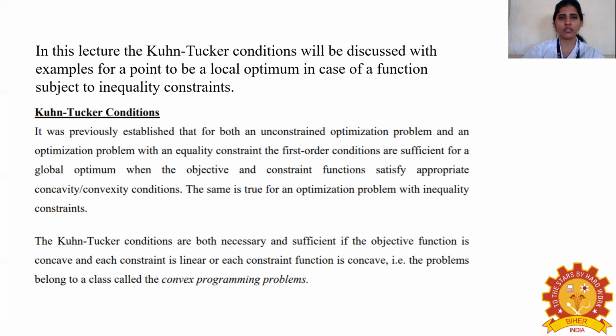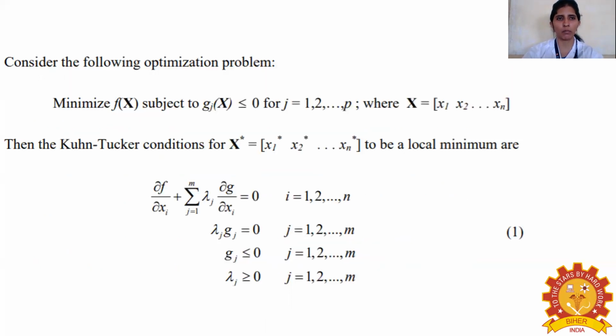The same is true for an optimization problem with inequality constraints. Here the Kuhn-Tucker conditions are both necessary and sufficient if the objective function is concave and each constraint function is concave or linear. Such problems belong to a class called convex programming problems.